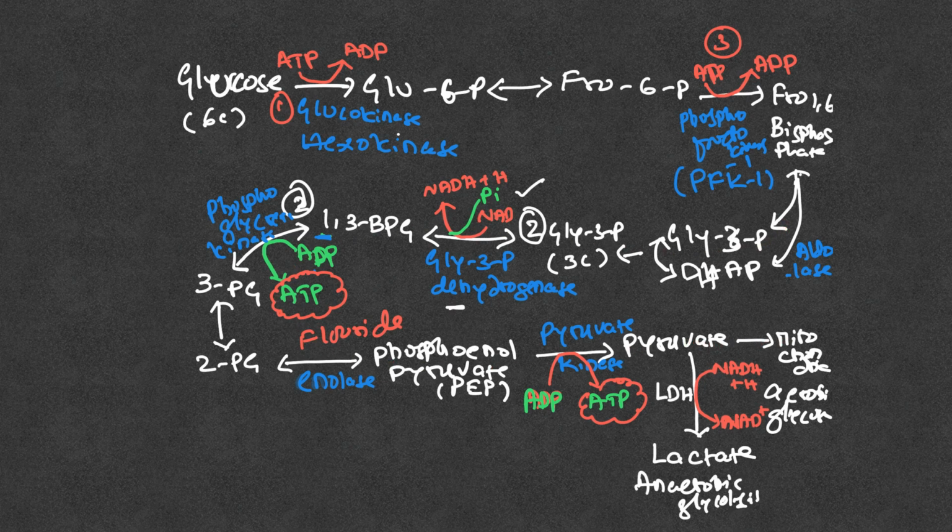pyruvate has to go into the mitochondria or has to go into lactate formation. So the only reason why we convert pyruvate into lactate is to oxidize NADH plus H plus and to give this NAD plus molecule, because the NAD plus produced in the lactate dehydrogenase reaction can be used in the glyceraldehyde 3 phosphate reaction and make NADH plus H plus, and that NADH plus H plus can undergo oxidation in lactate dehydrogenase.